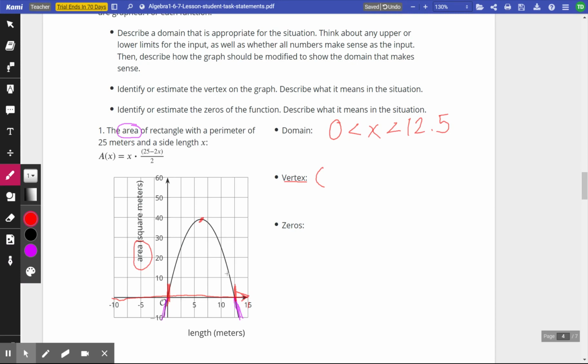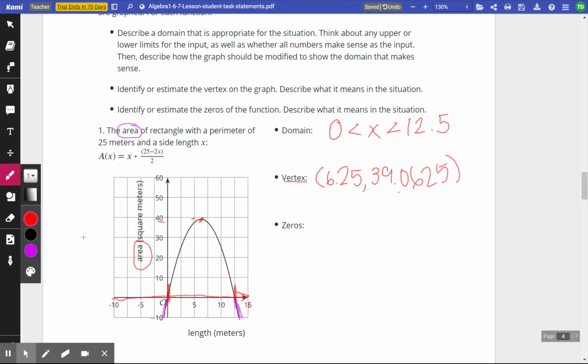So again, you're just making a guess. 6.25, not 6.75. So I could plug 6.25 into this equation right here, 6.25 times 25 minus 2 times 6.25, divided by 2, and see what I get. And it is actually really close to what I said, 39, but it is 39.0625. But again, we're looking at it from the graph, so I'm fine with a rough estimate.